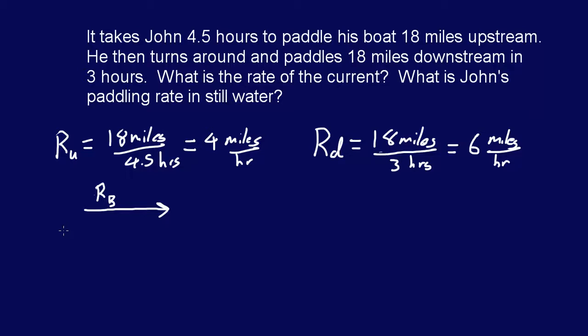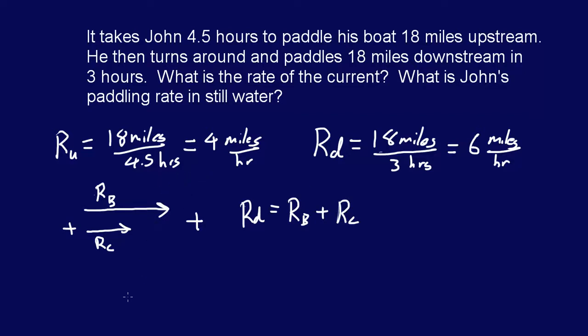Well, if you have the rate of the current moving with you, and that's kind of helping you along, R sub C. Well, if you add these two things together, then you're going to get the downstream rate. So R sub D is equal to the rate of the boat in still water plus the rate of the current.